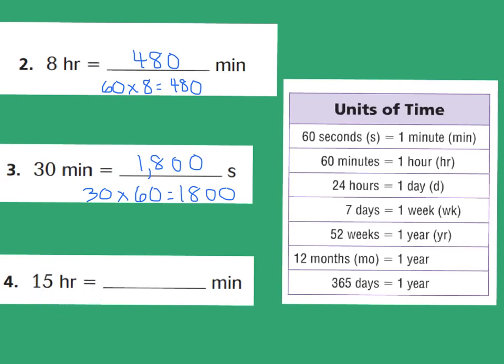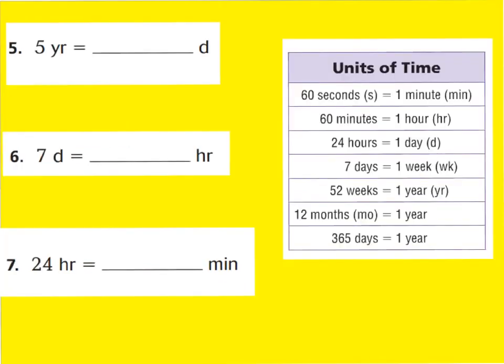Our equation will have to be 15 hours times 60 minutes will give us the total value of minutes. So what is 15 times 60? Go ahead and work this one out and then write your answer on your line. Okay, if you work this one out carefully, you should have found that 15 hours has the same value as 900 minutes.